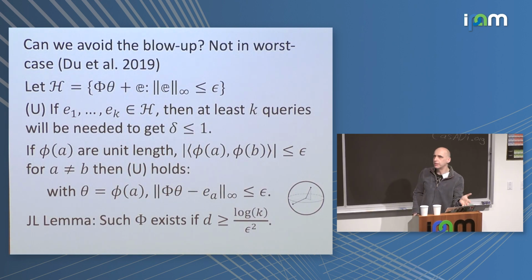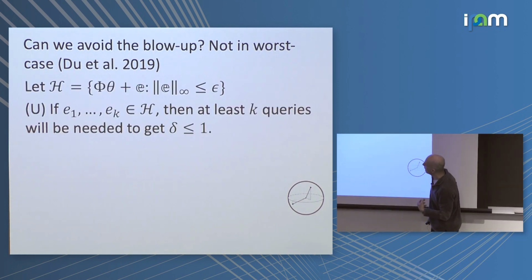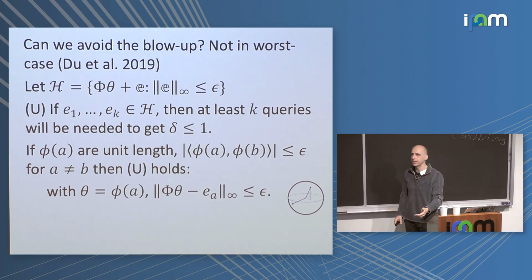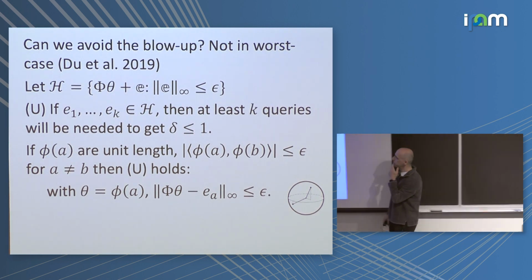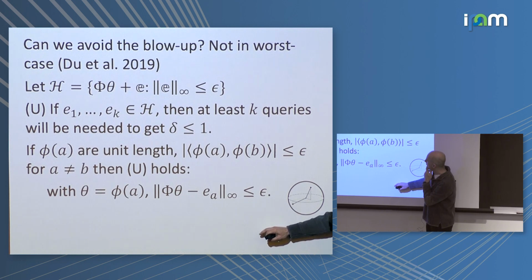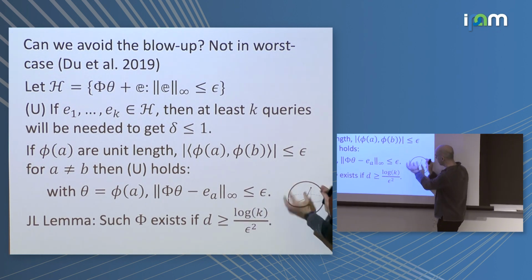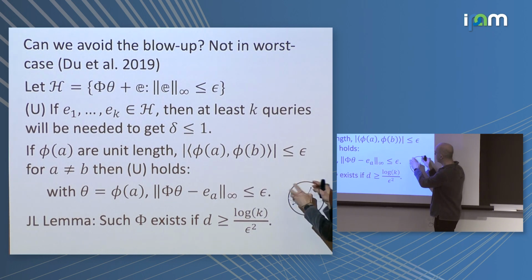So the question is, can you avoid the blow up? Maybe I won't walk you through the result. It's a result of Simon Du and others. Anyways, it's a very simple construction that shows that you can't really avoid the blow up. It's based on the Johnson-Lindenstrauss lemma that if you have a high enough dimension, then you can fit in many vectors which are near orthogonal.